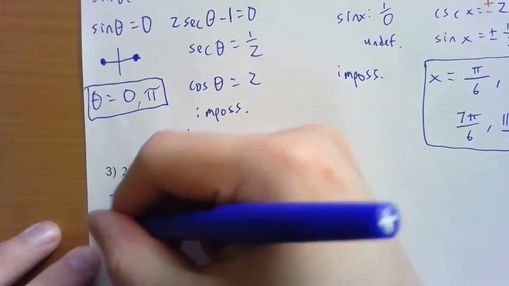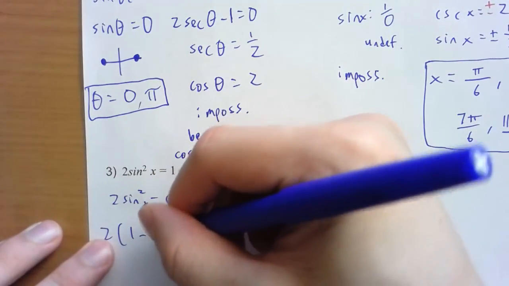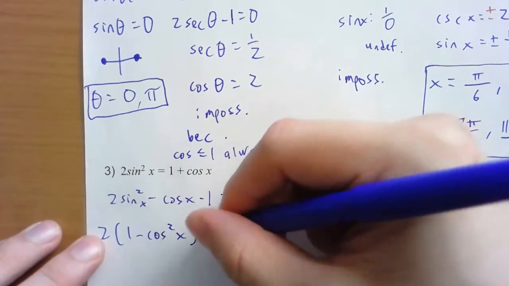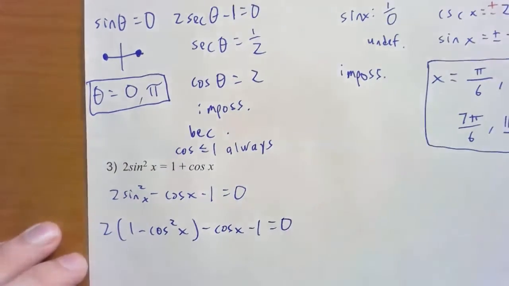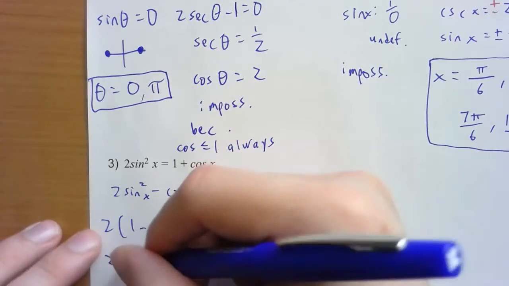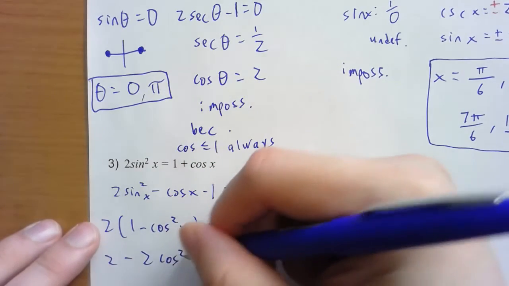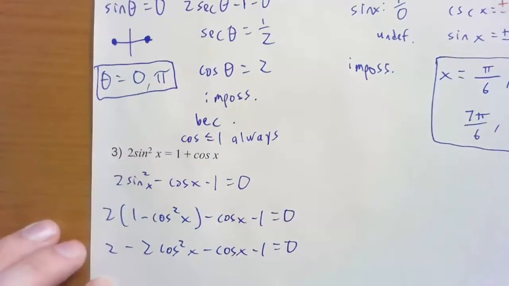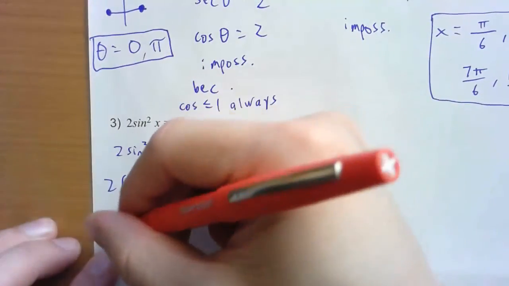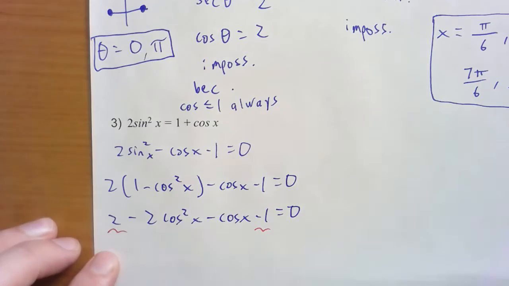So I'm going to have 2 times 1 minus cosine squared x minus cosine x minus 1 is 0. So then 2 minus 2 cosine squared x minus cosine x minus 1 is 0. I've got just a couple like terms to combine there.